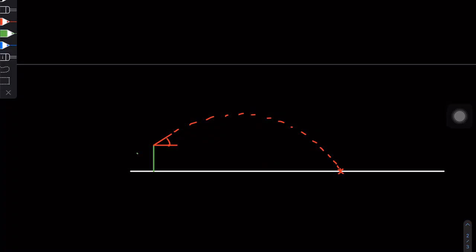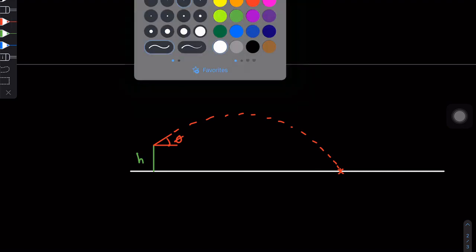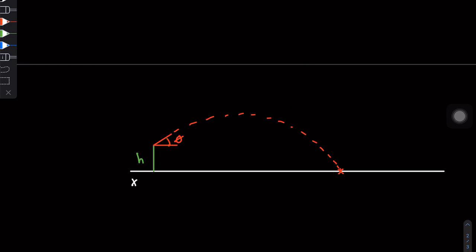And the next step was setting up the system. So h is the height at which the ball is released, and theta is obviously the angle at which the ball is released. X initial is equal to the goal line, so that's the start, so it's 0 yards and 0 meters.